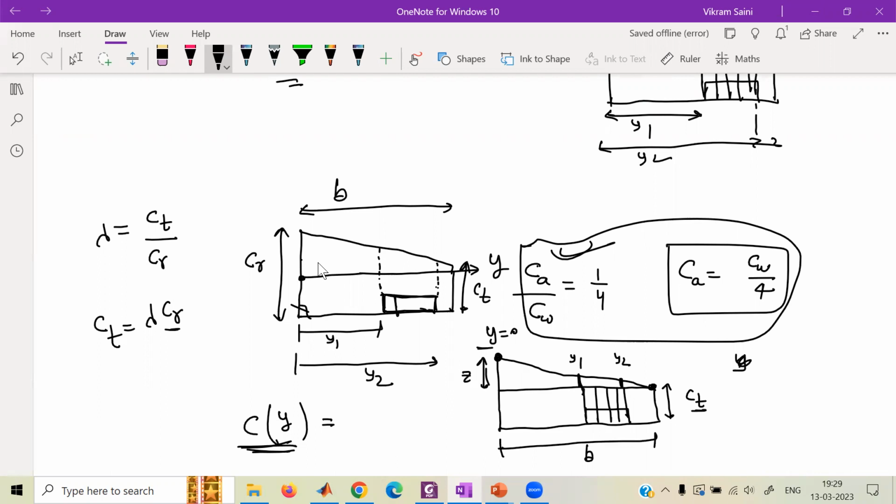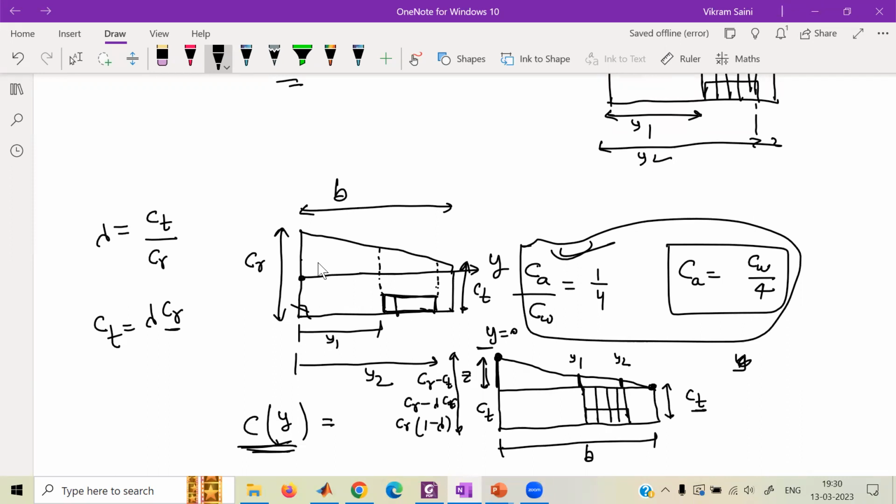Let me be more specific: this is CT, and the remaining length is CR minus CT, which is CR minus lambda CR, which makes it CR times (1 minus lambda).